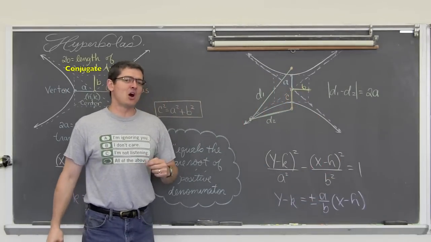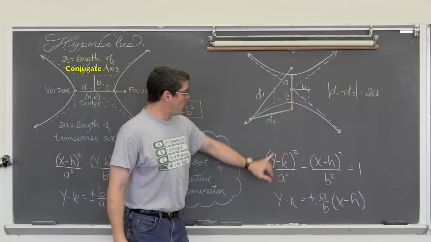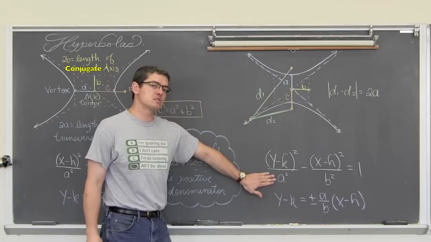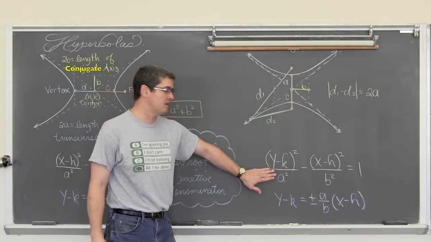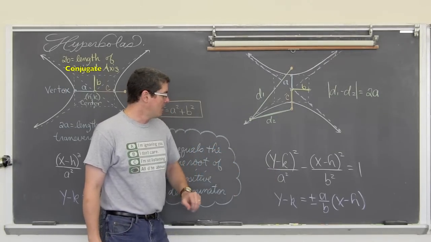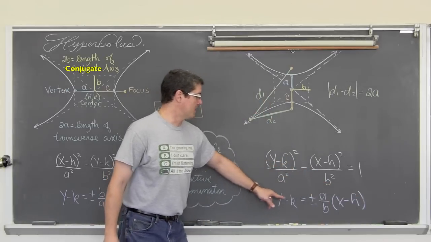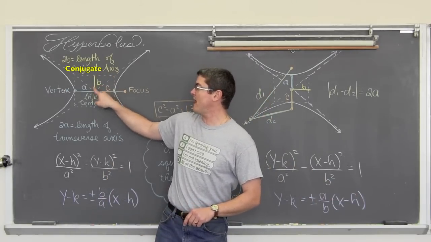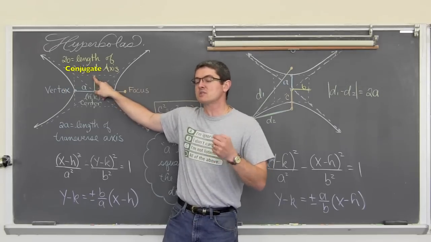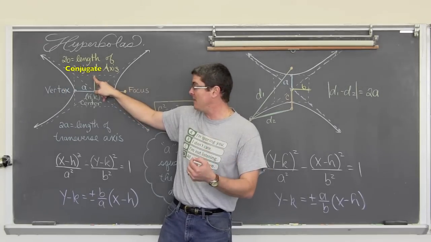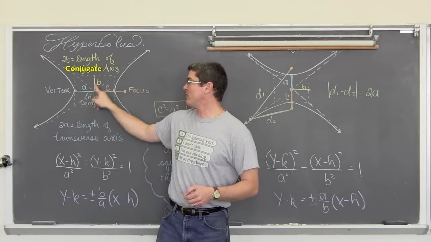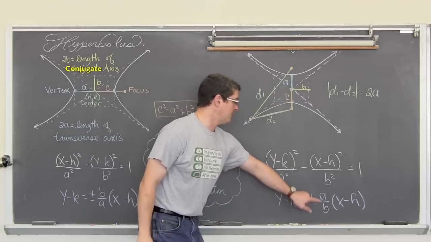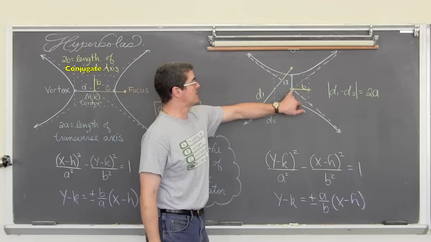If our hyperbolas are vertical, then y is going to be in our positive fraction. A is still going to come from square rooting the denominator of the positive fraction. Our asymptotes, instead of having slopes of plus or minus b over a, where we move up to the end of the conjugate axis, which is not a vertex, so thus it's labeled b, are going to have a slope of plus or minus a over b.